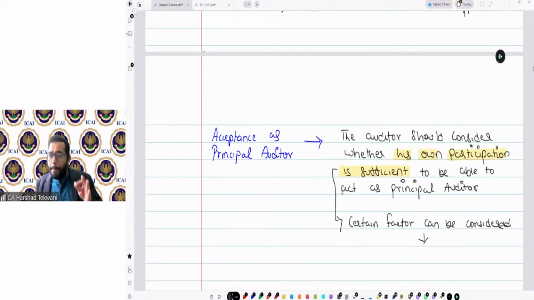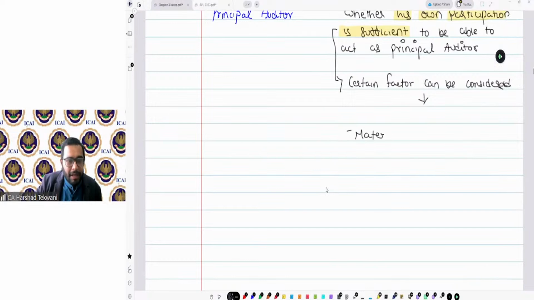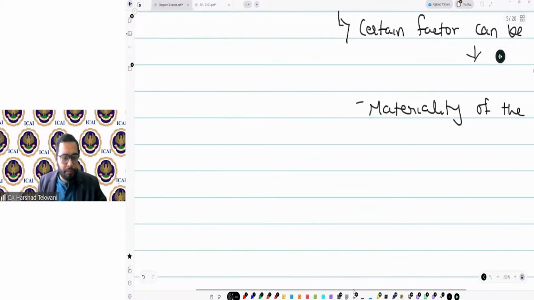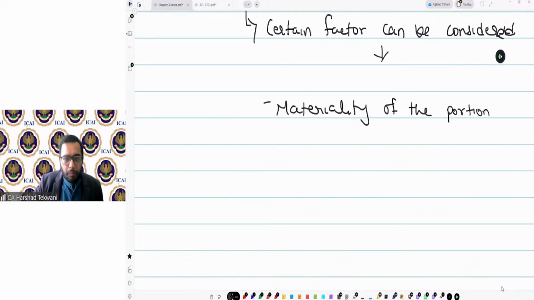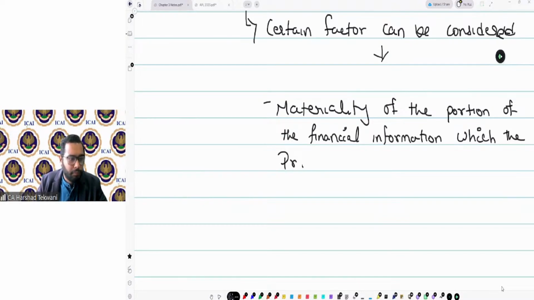One, materiality of the portion of the financial statement or financial information which the principal auditor is auditing.